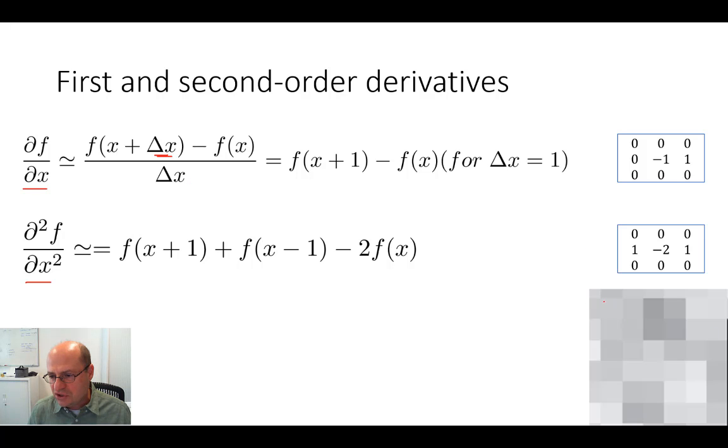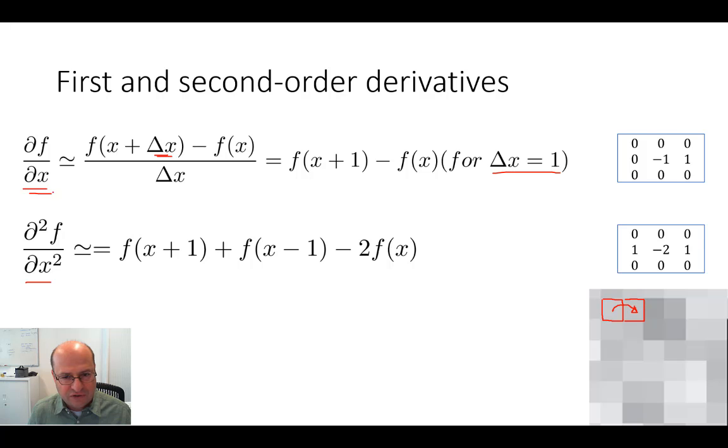Considering that we have a digital image, usually what we want is a step of 1 pixel. So we want to see the difference of this pixel with respect to this other pixel. Delta x is 1.